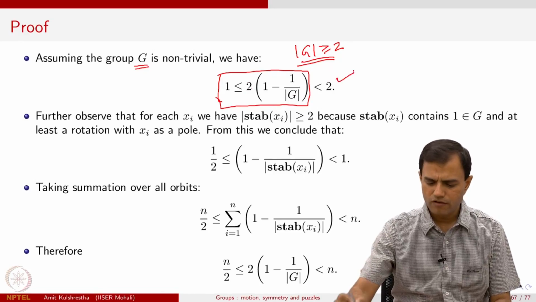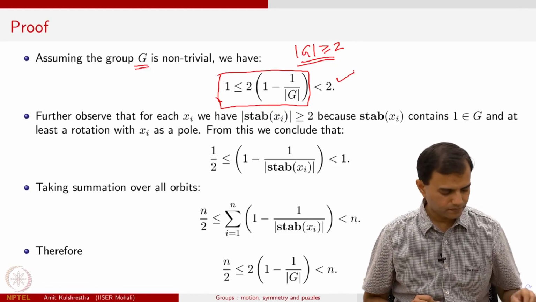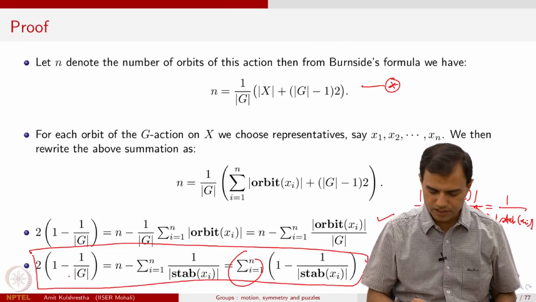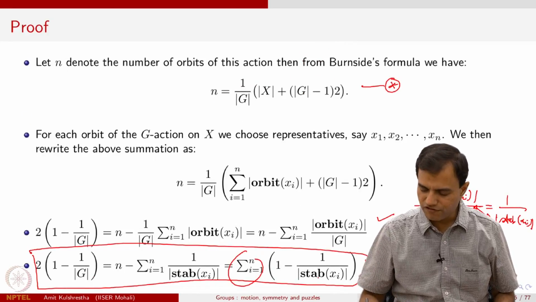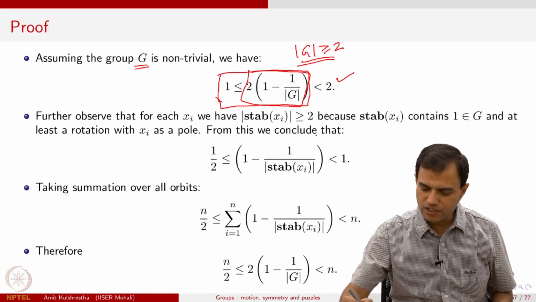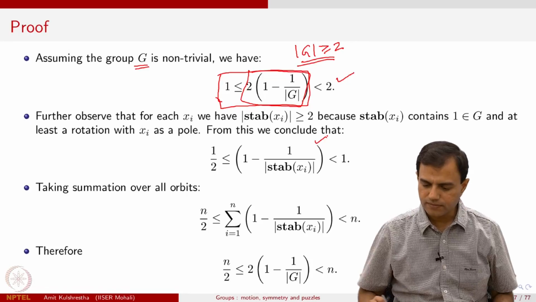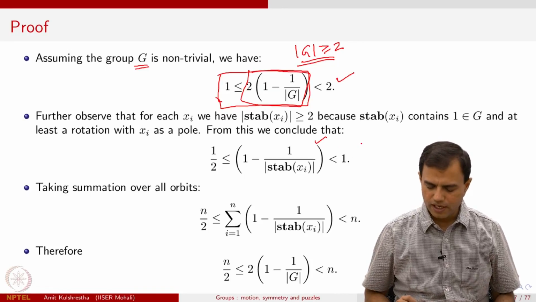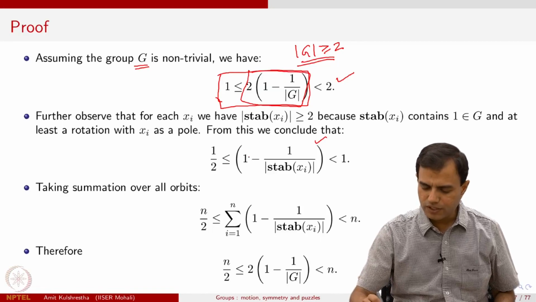So this is what I have, and this expression, 2 times (1 minus 1 by mod G), is the summation of 1 minus 1 divided by the size of stabilizers. So just that much I replace here. So 1 by 2 here, 2 here. So I get this expression, and now I am taking the summation over all orbits.